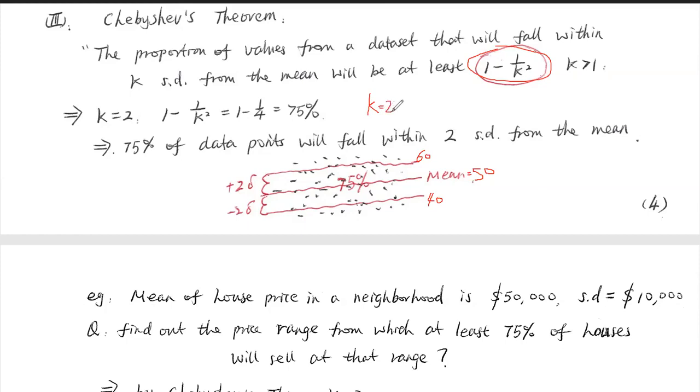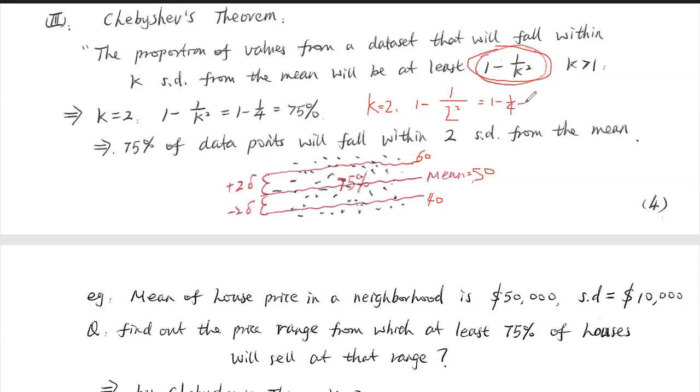If k is equal to 2, that means 2 standard deviations above and 2 standard deviations below. Then we plug into the formula 1 minus 1 over 2 squared, which is 1 minus 1 over 4.